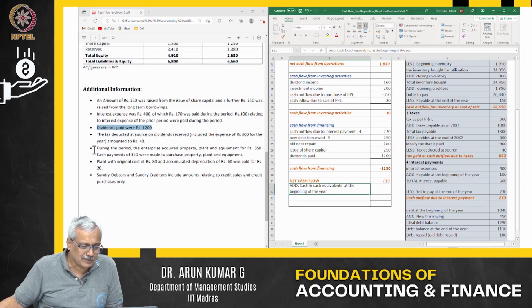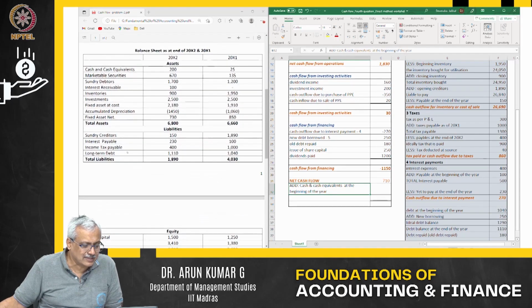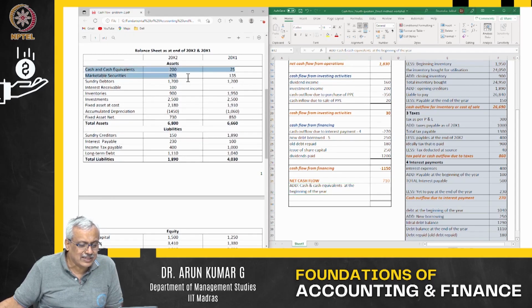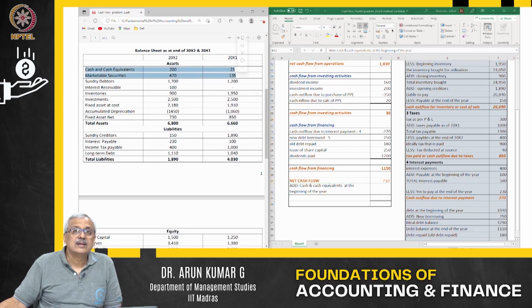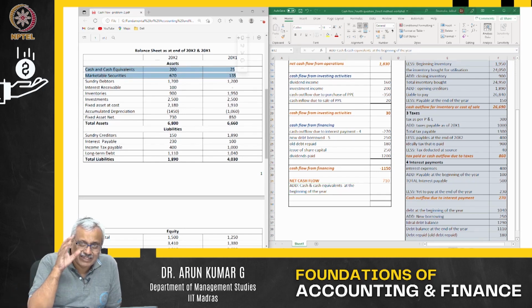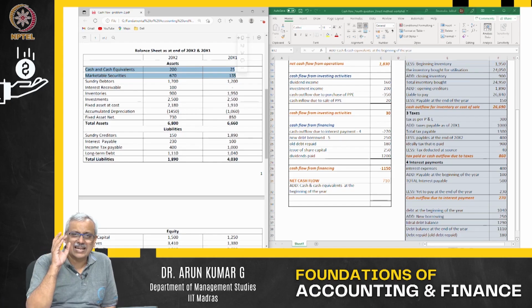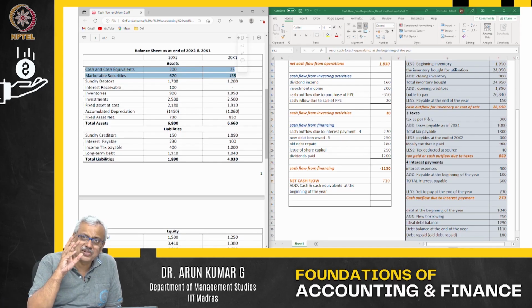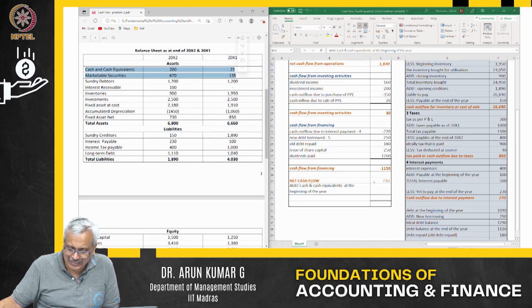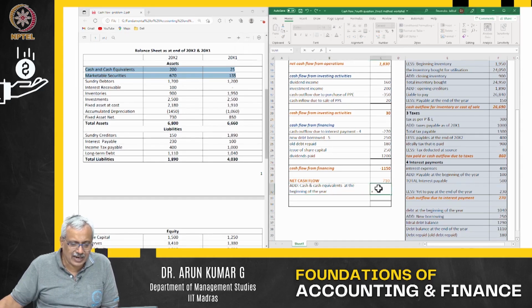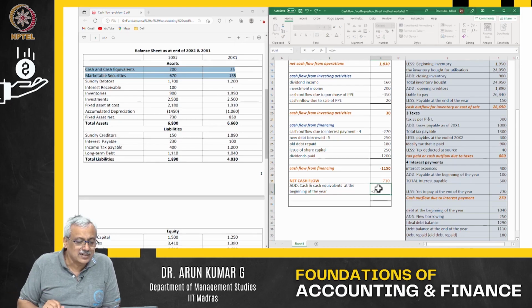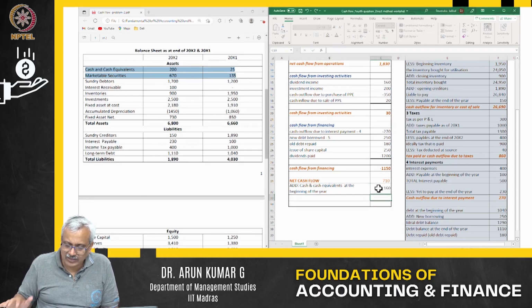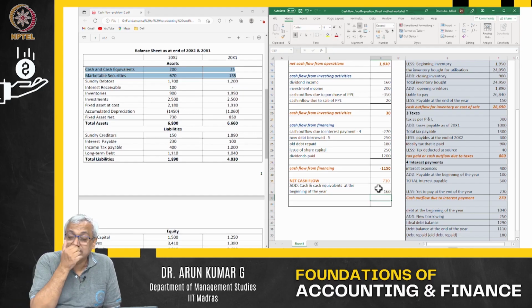For example, in this particular case, there is something called marketable securities. These are considered cash equivalents because marketable securities can be converted to cash very fast. So, when I say cash and cash equivalents, I mean $25 of cash plus $135 of cash equivalents is the total here.